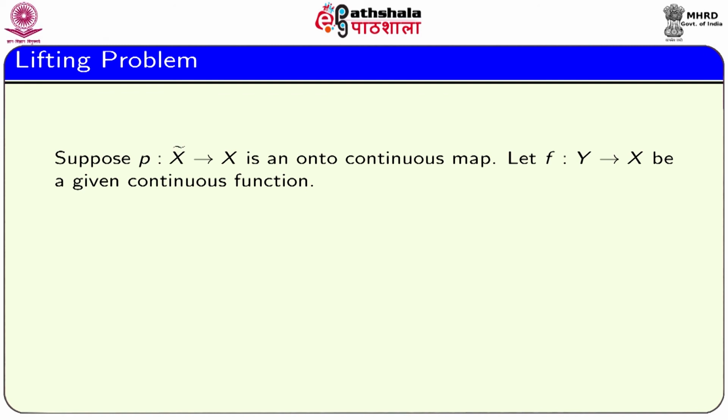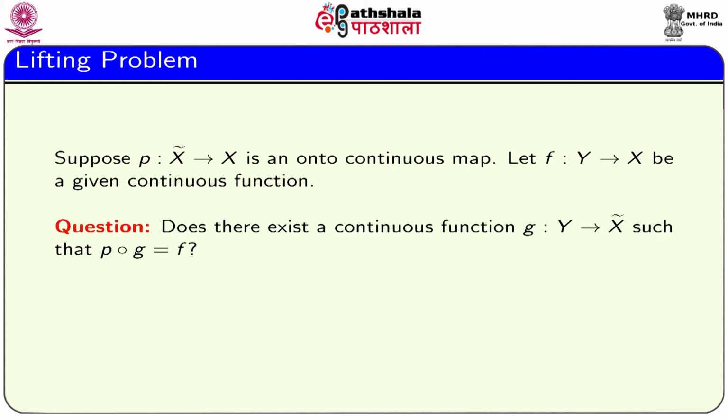Suppose we are given a continuous surjective function p from a topological space X tilde to another topological space X. Also, suppose there is a function f, which is again a continuous function from another topological space Y to the topological space X. The question is, does there exist a continuous function g from Y to X tilde such that the composition p compose g is equal to f?